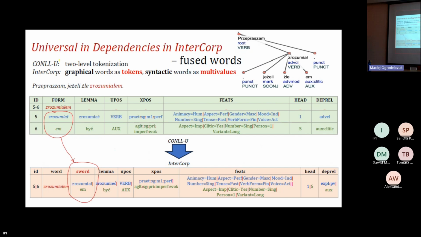Yeah? So here we introduce an attribute called S-word, split word, yeah? And all the other attributes have this vertical bar in here. So they split the parts that belong to the first part of the word and the second part. They could be two, if you have conditional in Polish, for example.